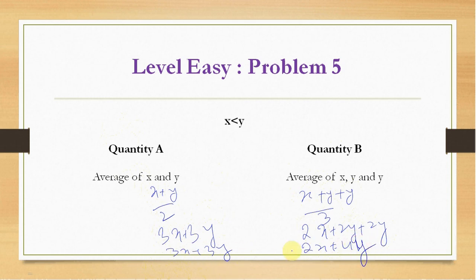So subtract 2x from both sides and 3y from both sides. If we subtract 2x from both sides, this becomes x only. And if we again subtract 3y from both sides, this will become y only. Since the information provided says that x is always smaller than y, this side is y and this side is x, so this side is always greater than y, so quantity B is always greater.